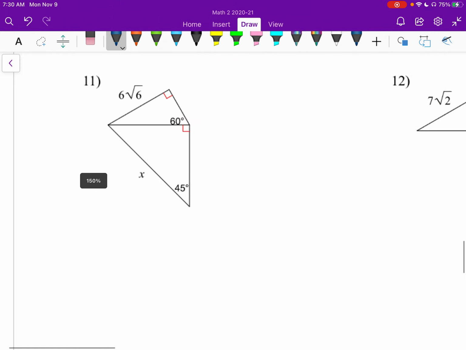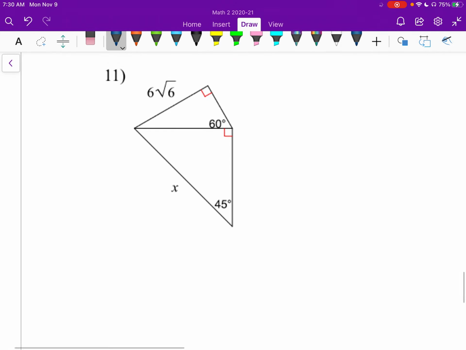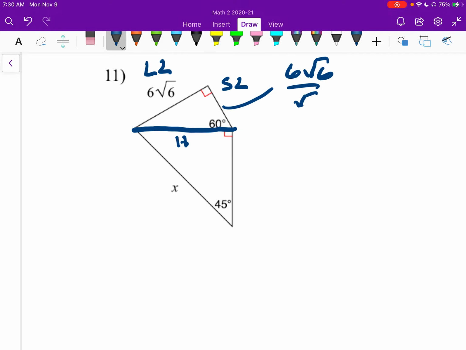All right, number 11. This one again, we're going to be trying to find this side to start off with. We're given the long leg, we're going to have to find the short leg, and then we'll find our hypotenuse. To get from the long leg to the short leg, you divide by root 3. So I'm going to have 6 root 6 over root 3.